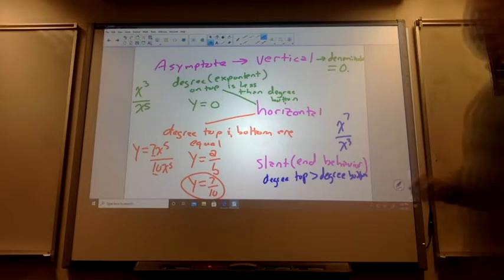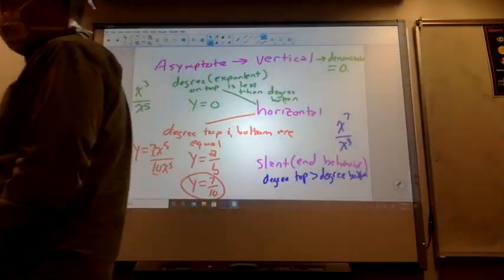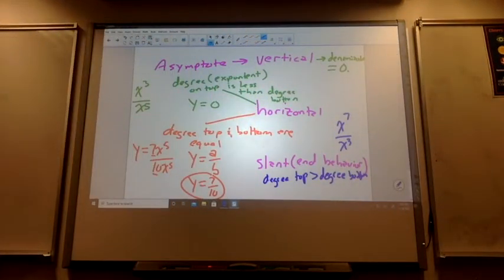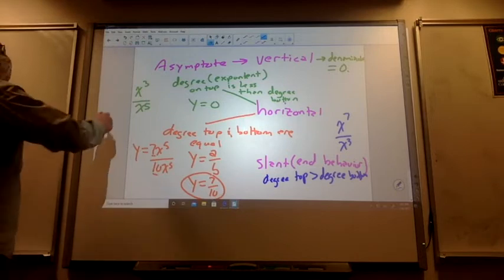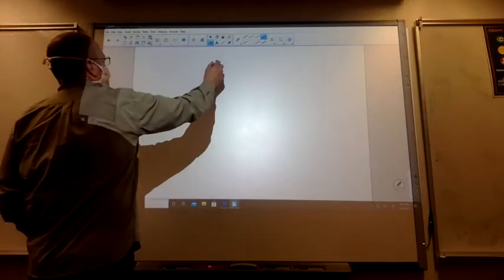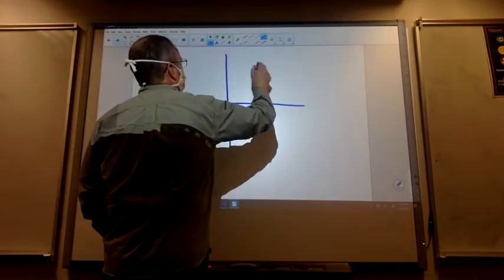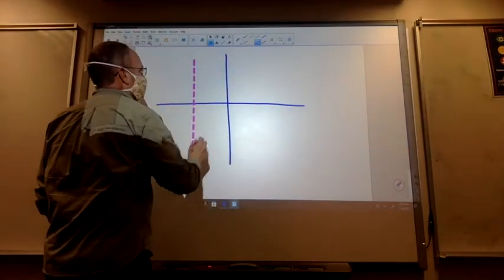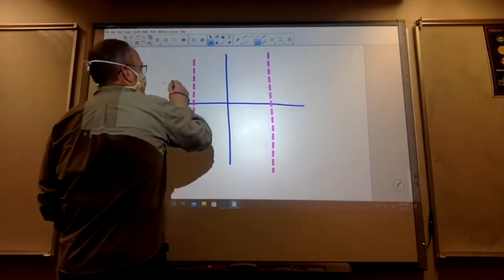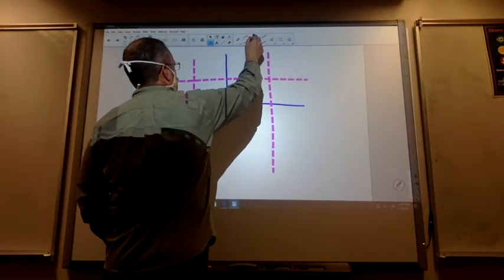Now, I know we talked about a graph yesterday, and I'm going to draw one that looks similar to what we talked about. Let's say I have my XY axis. These are asymptotes.